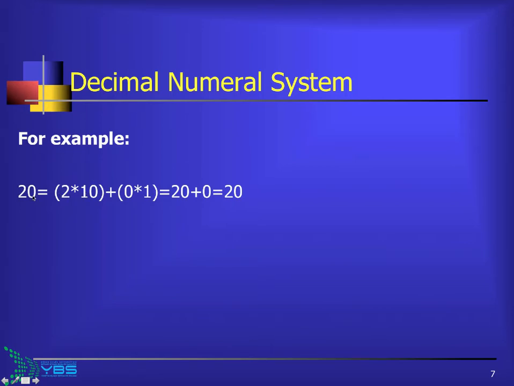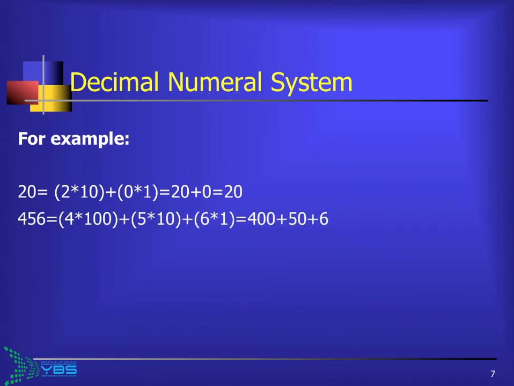The first digit uses 10 power 0, and the second digit uses 10 power 1. And in the second example, we always start from the right side.